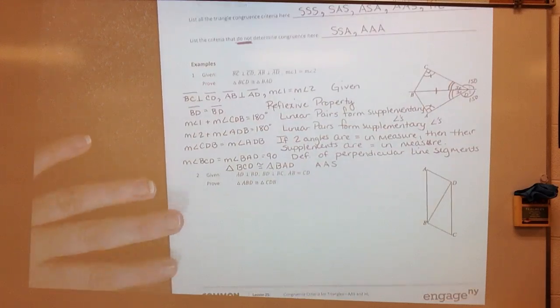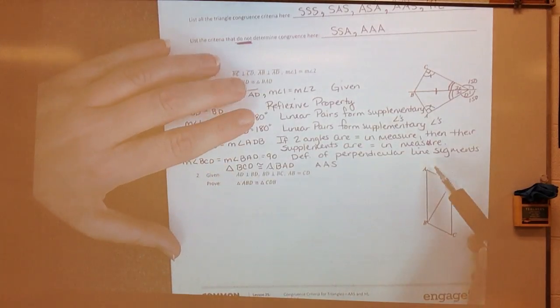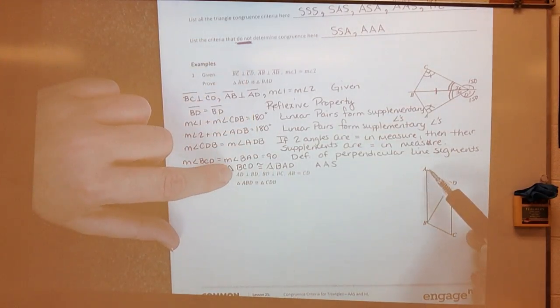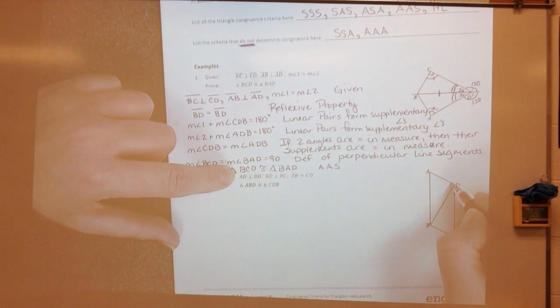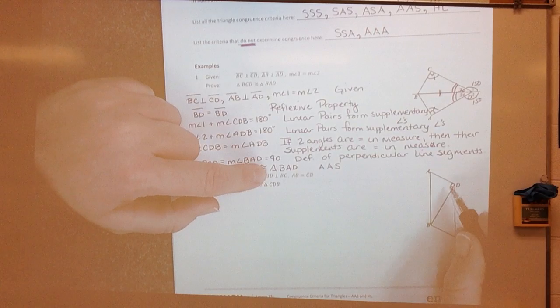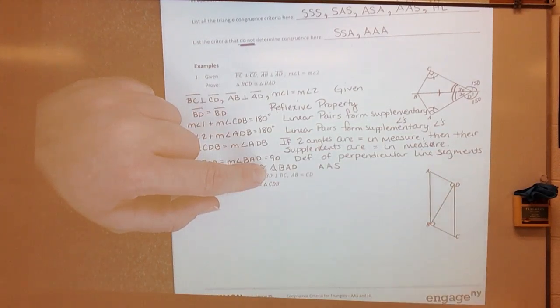Alright, number 2. Segment AD is perpendicular to segment BD, so we know that that's a right angle. BD is perpendicular to BC, so we know we have a right angle here.